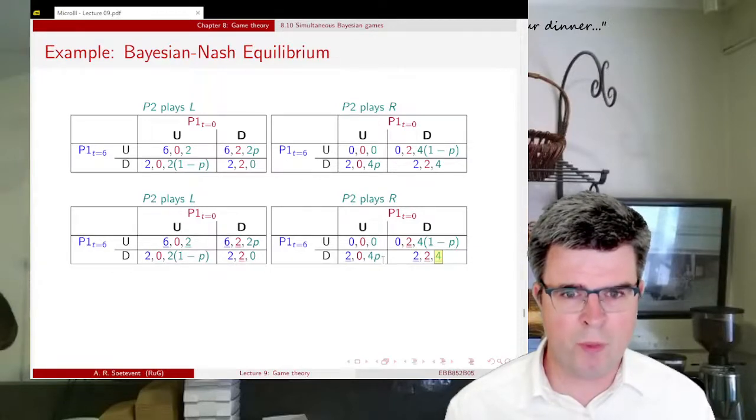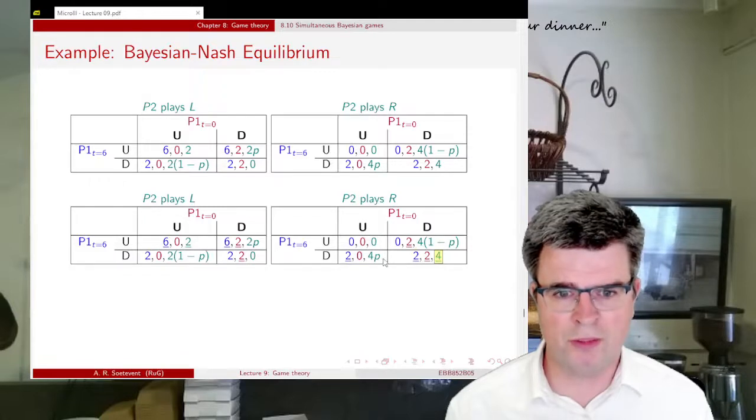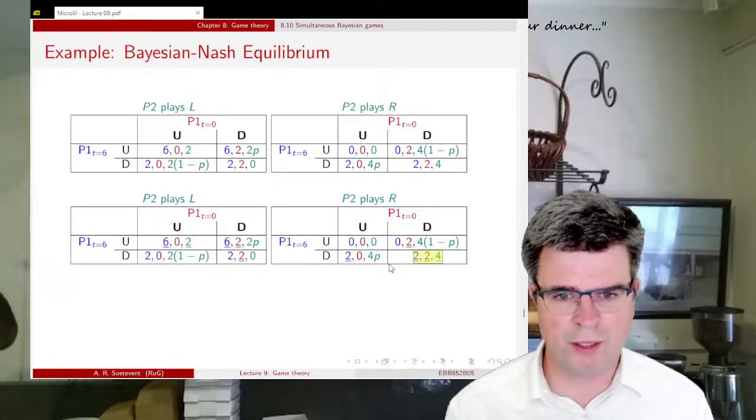looking at what are the combinations of strategies that do not give any of the players an incentive to benefit by unilateral deviation. Now, one thing that we can see is that here we have all three numbers underlined.